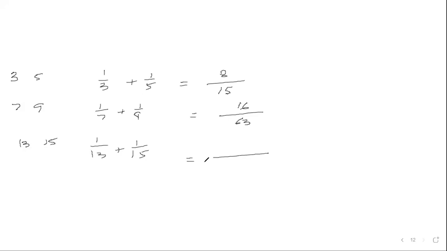And here the LCM of 13 and 15 is 13 times 15, and here you get 28. The example that they took, there was 5 and 7, I think, or maybe the same one, 1/3 and 1/5.